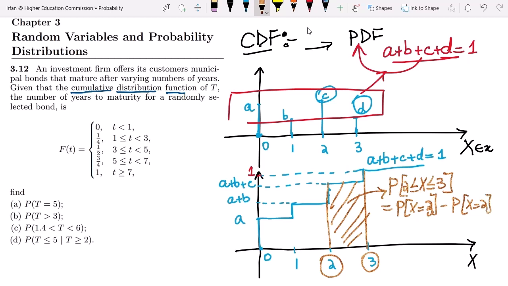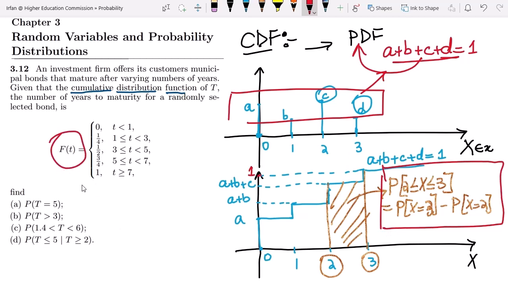So by using it I can find out this probability, and this will be the essence of our next question. Here I can find different probabilities using the same form.